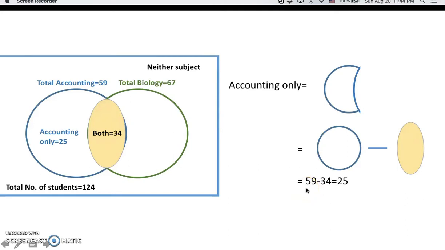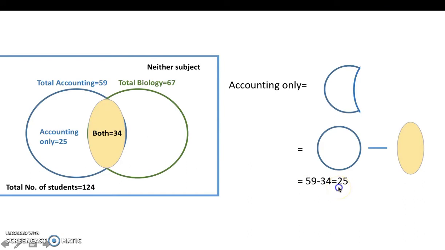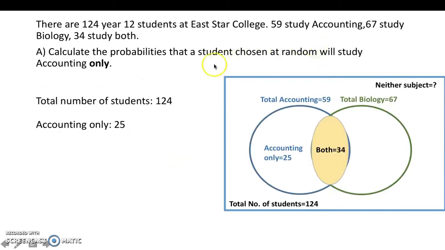This is why we use a Venn diagram. It helps us to transfer a complex probability question into a simple geometry question. After we get the number of students who study accounting only, which is 25, we can find the probability that a student chosen at random will study accounting only.